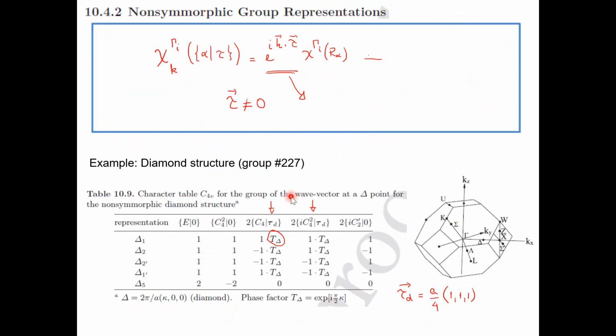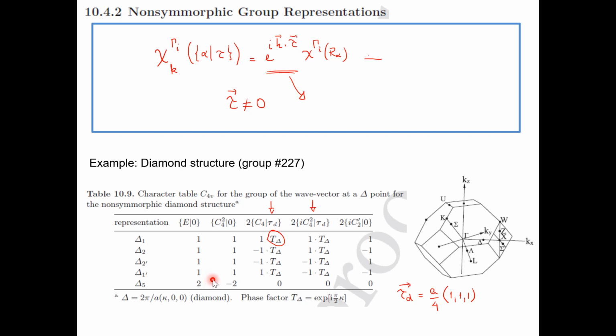For the delta direction, I can have mostly two-dimensional representations.